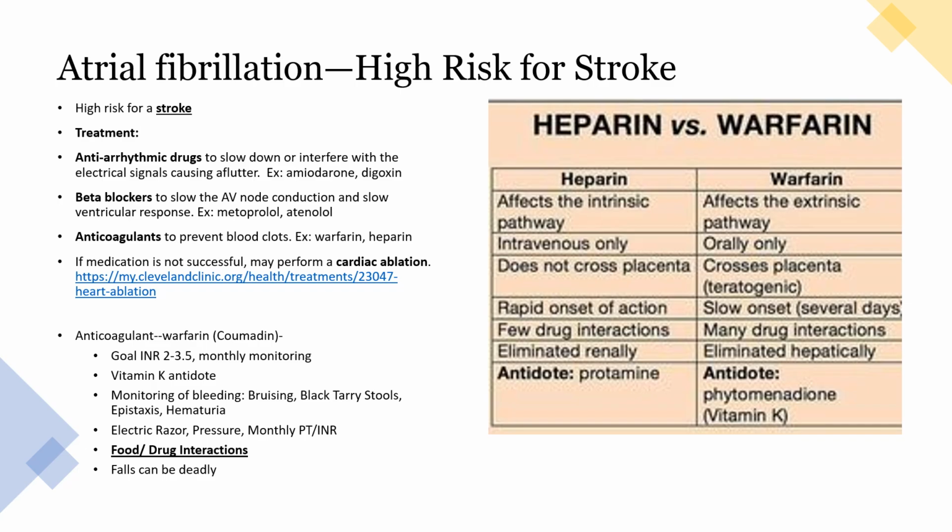So if my patient is having a heart attack, or they are coming into the hospital having atrial fibrillation that is very symptomatic, we could give them heparin in an IV, and it would help to thin the blood immediately going into the bloodstream, okay? Heparin affects the intrinsic clotting pathway, and I'll let you guys look that up.